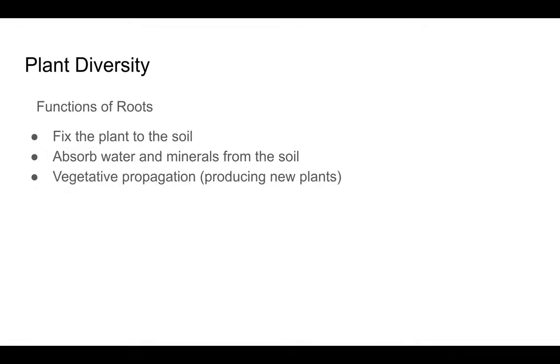Those are the main functions of the roots. First, roots fix the plant to the soil. Second, they absorb water and minerals from the soil. Vegetative propagation means producing new plants from the roots, stems, flowers, or leaves.